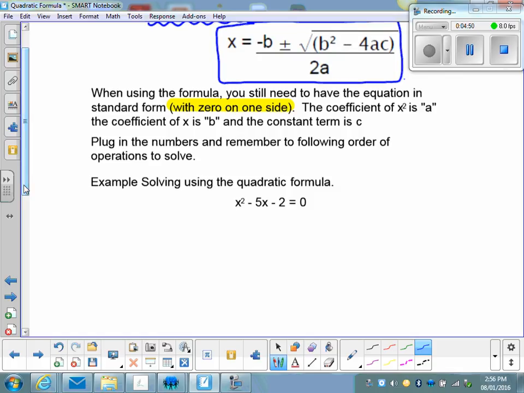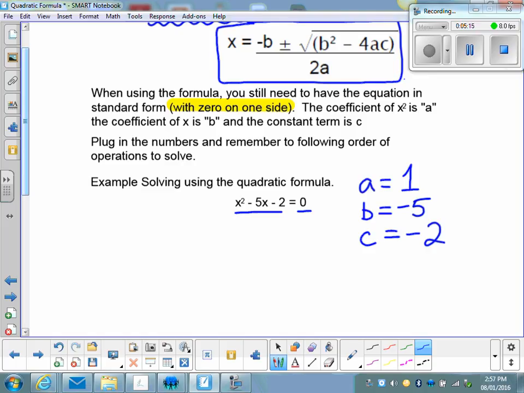So first thing we're going to do is we'll make a list of the values for a, b, and c. So you can see the equation is on one side equal to 0. So a is the number that's in front of x squared. B is the number that's in front of the x, and C is the constant term that's on the end. So make sure you include the signs with those.